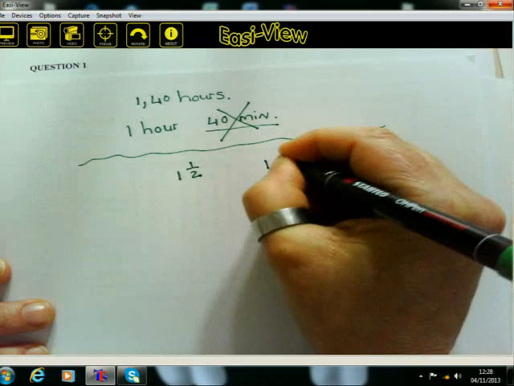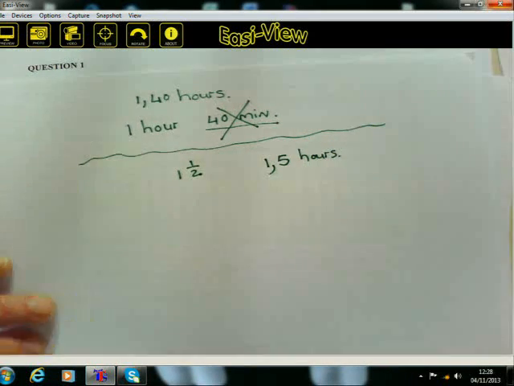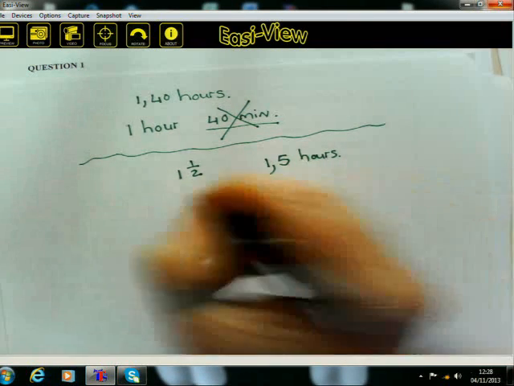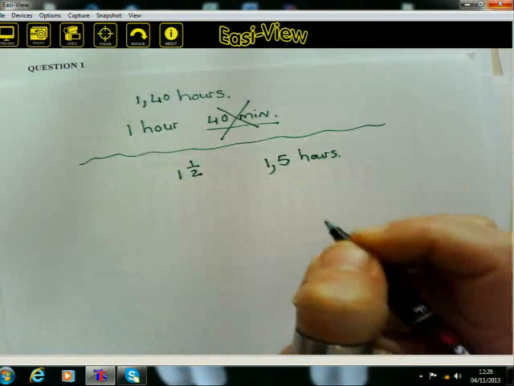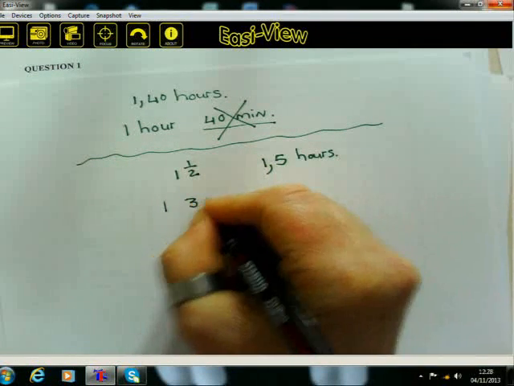Just think for a moment: how long does 1.5 hours mean? An hour is 60 minutes, half an hour we all know is 30 minutes. So if I say 1.5 hours, I say 1 hour, 30 minutes.